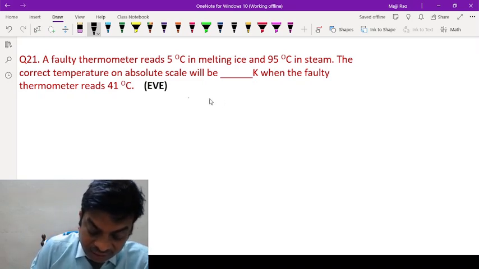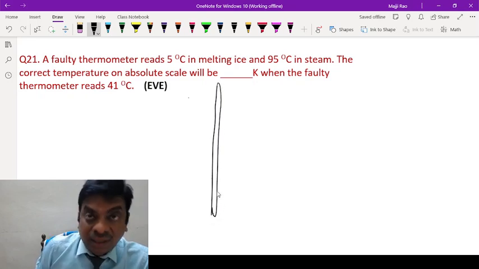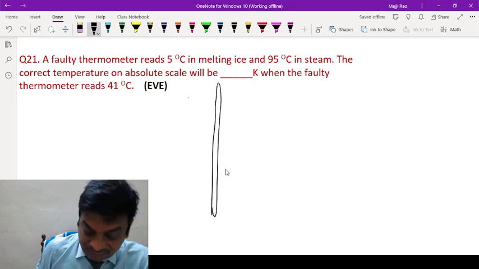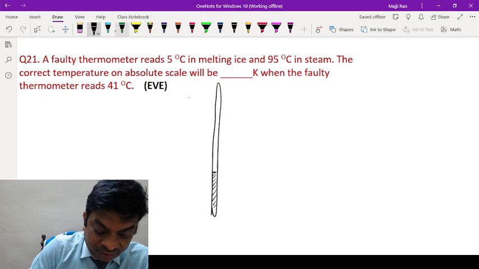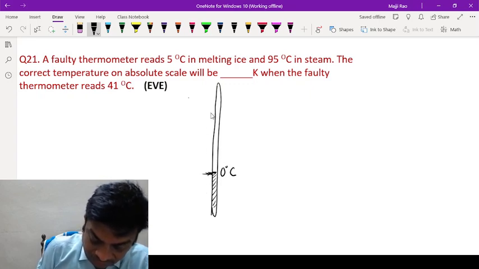So anyway, in such a case, as I discussed in one of my videos, regardless of the markings, the expansion will remain same, isn't it? Expansion of mercury will remain same. So suppose at 0 degrees Celsius, this is the reading, and at 100 degrees Celsius, the mercury expands till this length, and in general at some T degrees Celsius, it expands to this.